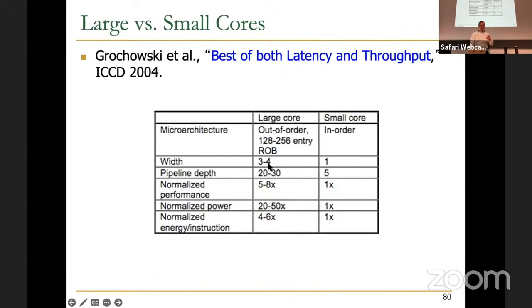You can see the pipeline width, pipeline depth, and the normalized performance. I think they're quite optimistic over here with 5 to 8x. Normalized power is much larger, and so is normalized energy per instruction. So basically, large cores are not very efficient, but they do get high performance. I'm not sure about the 5 to 8x; I don't know what code they're running.